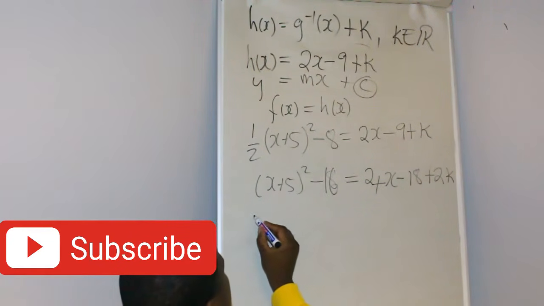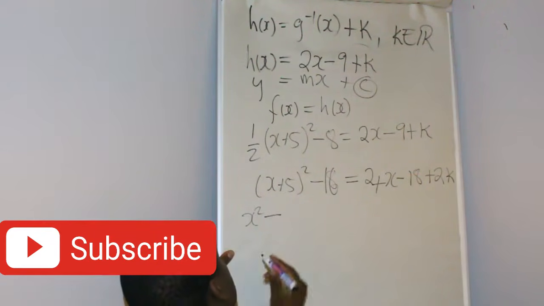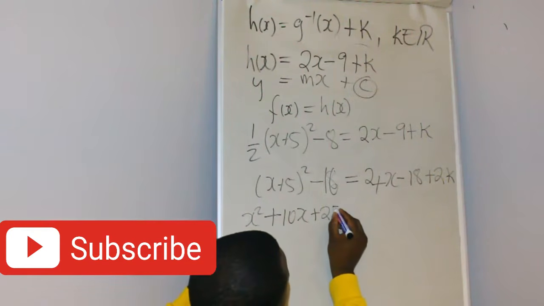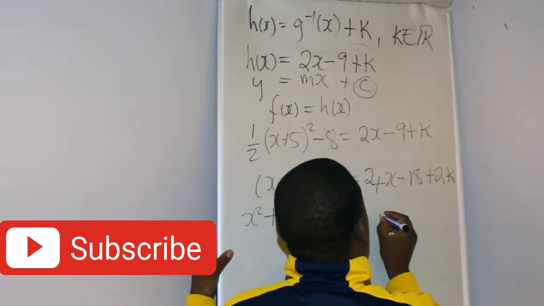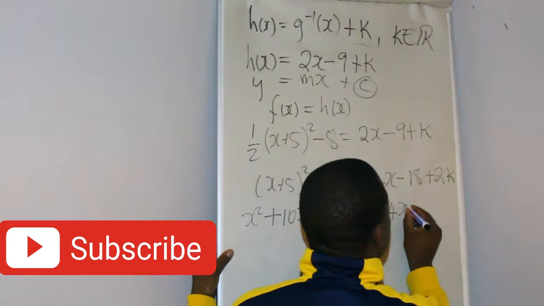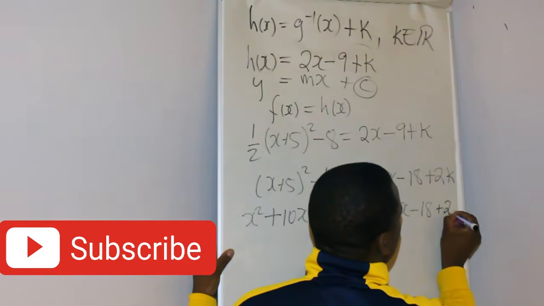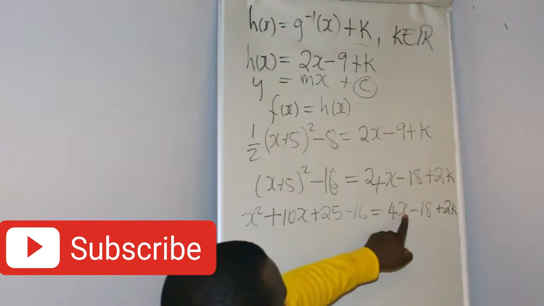Then we expand this. We have x squared plus 10x plus 25 minus 16 is equal to 4x minus 18 plus 2k. Then we transpose this guy to this side.